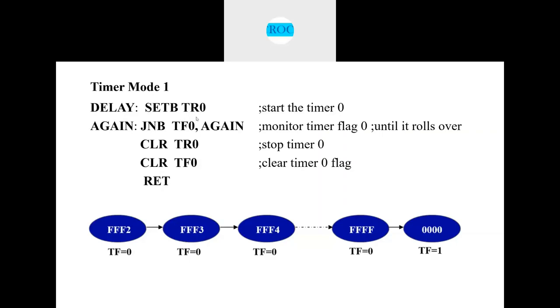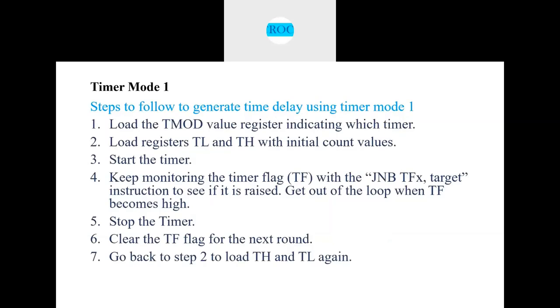Because timer 0 is used here, right? So I need to set this TR0 bit, so that the timer start bit is set to 1. Whenever this TR0 bit is 1, what happens? The timer starts here. That is the third step, start the timer, right?